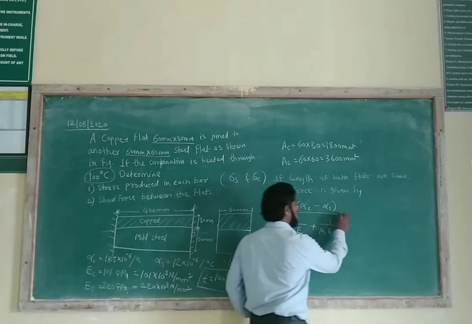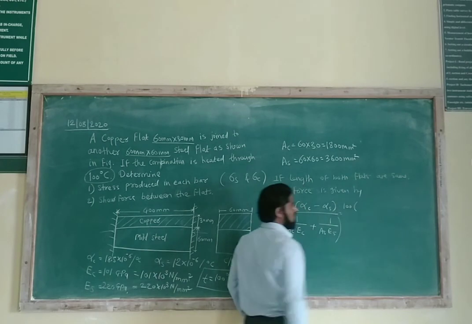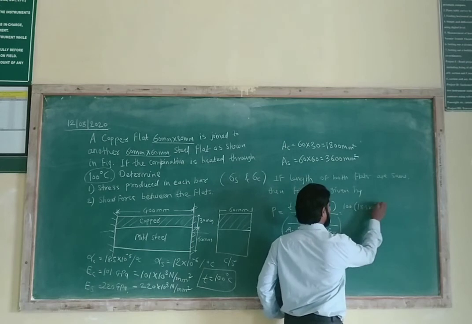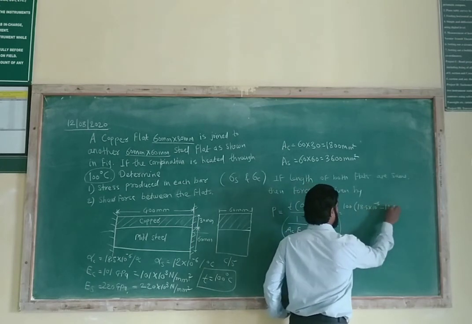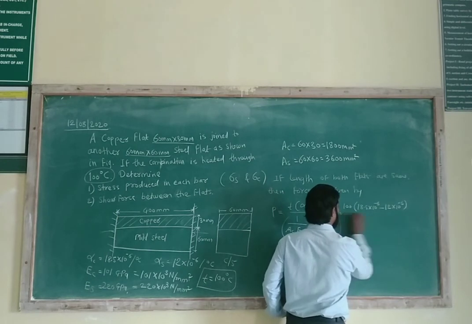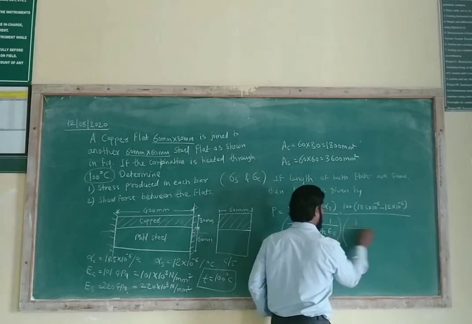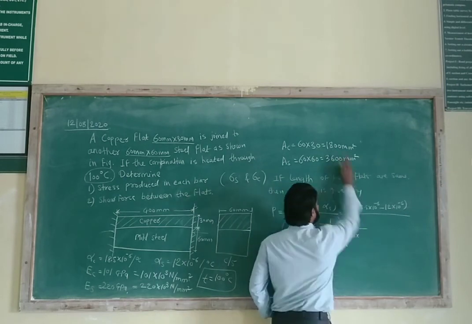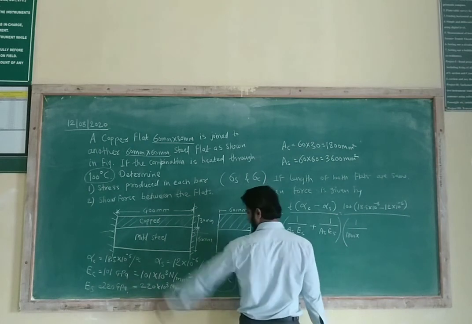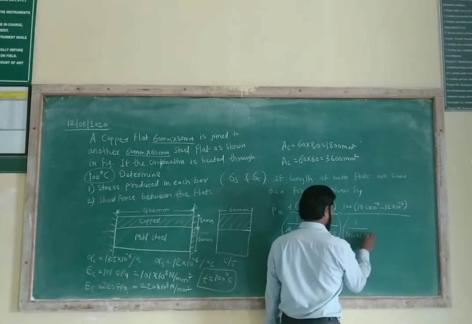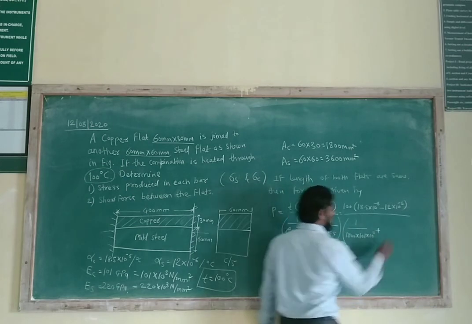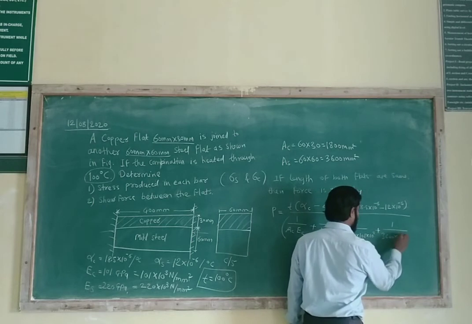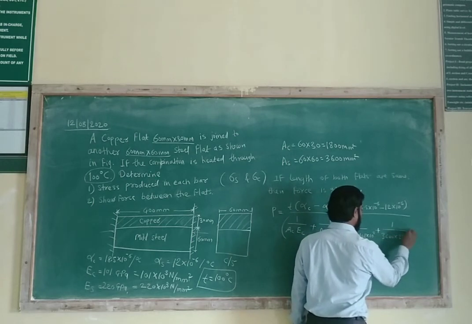That means T is 100, given in the problem, alpha C is 18.5 into 10 raised to minus 6, then 12 into 10 raised to minus 6. Then 1 upon AC, where AC is 1800 into EC, which is 101 into 10 raised to 3, plus 1 upon 3600 into 220 into 10 raised to 3.